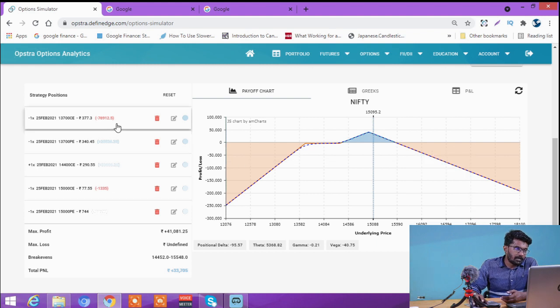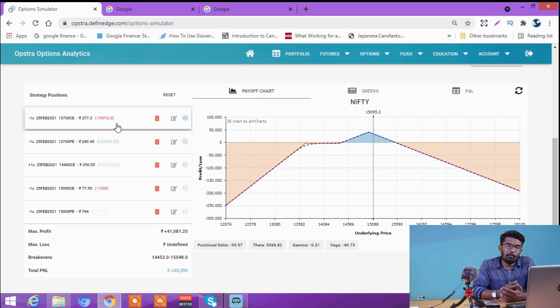I will explain. In the original 13,700 straddle, the call side is in a loss of 76,912 and the put side is in a profit of 25,526. Had you not made any adjustment, this straddle would have been in a loss of 50,000.